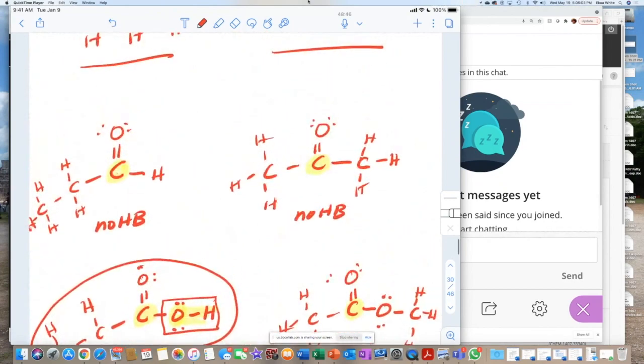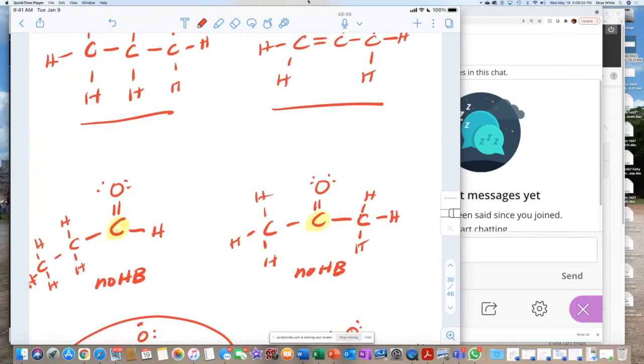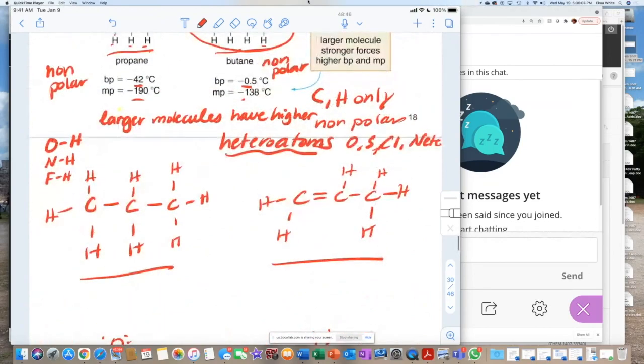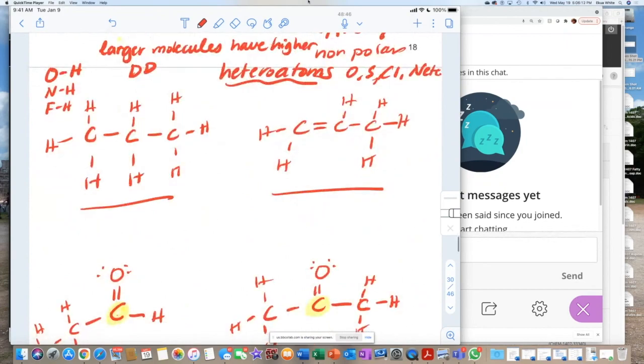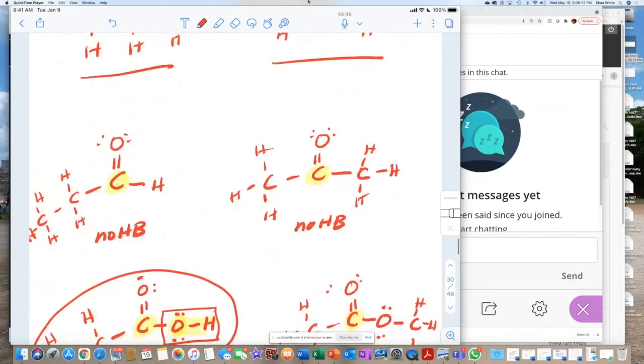Okay, let's see. So now that we've decided which ones have HB, we're now moving down the list. Which ones have dipole? You want to find a central atom. We know for sure with dipole, find a central atom. I picked the central atom I'm going to be looking at, this one here. Another way of finding dipole, if you have an organic element, organic compounds usually have carbon and hydrogen.